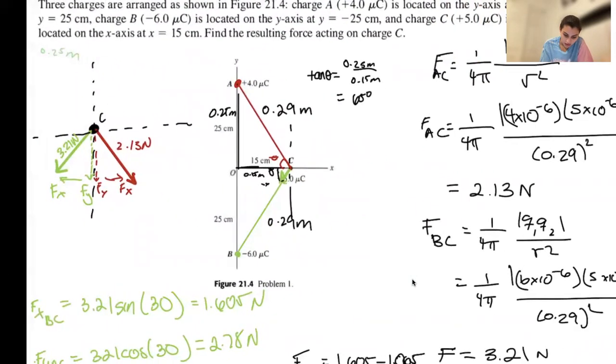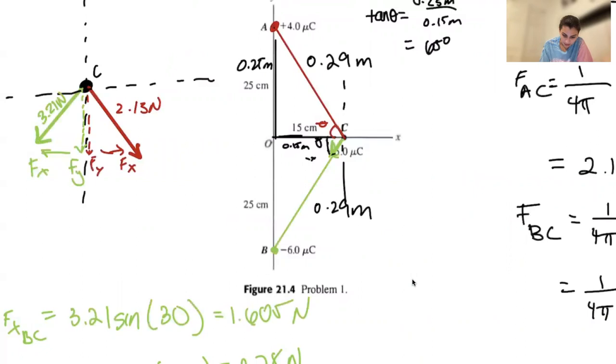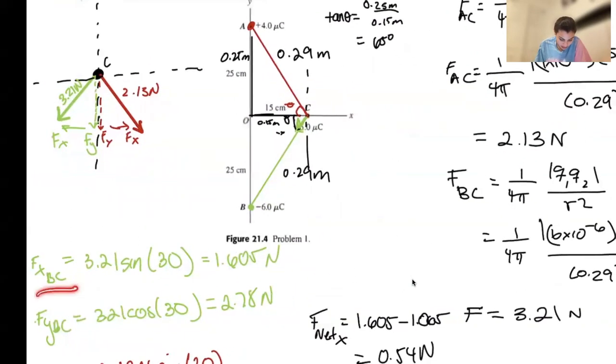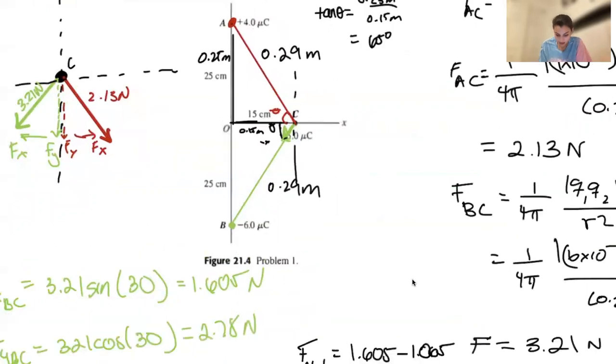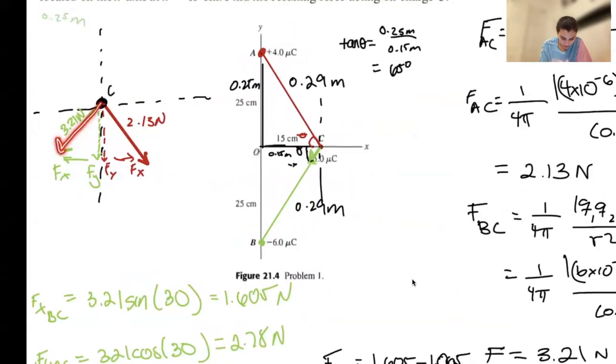Great. So then we find our X component for the force of B on C, and that's going to be 3.21 sine of 30. Why 30? This force, as you can see here, has an angle with this axis that I made.